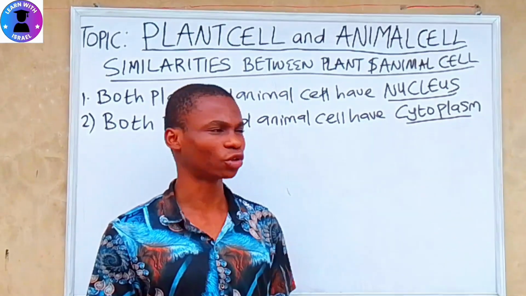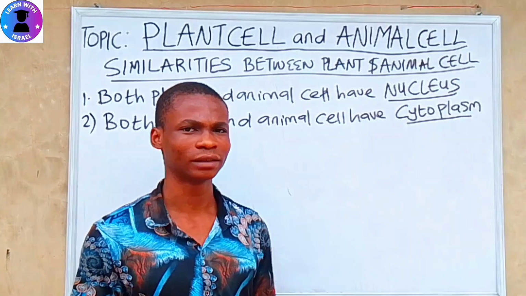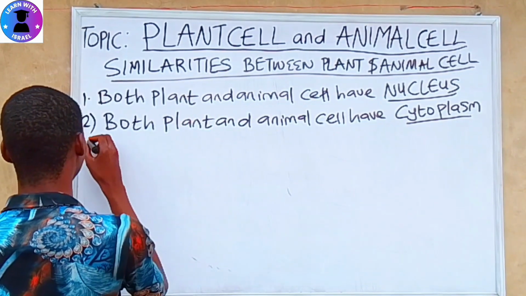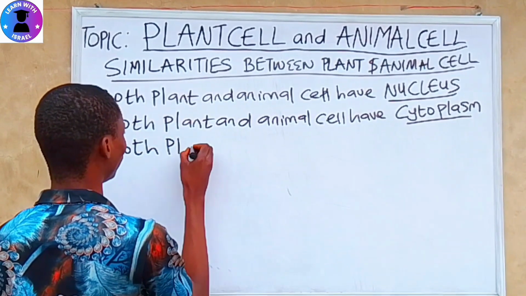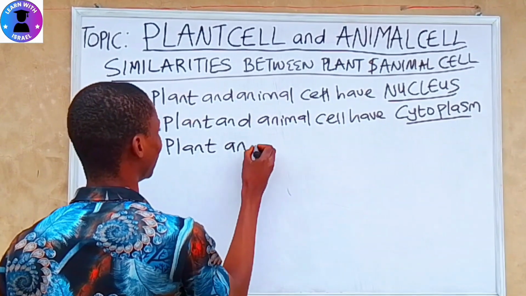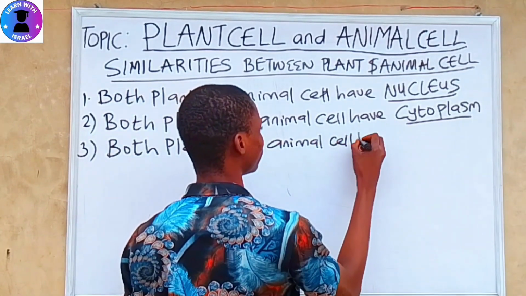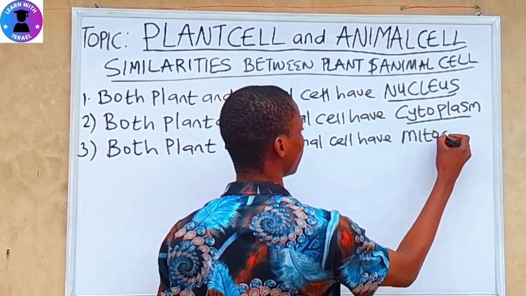Cytoplasm is a gel-like structure where all organelles are being suspended. I hope you understand that now. We also have another one, which is mitochondria. Both plant and animal cell have what we call mitochondria.